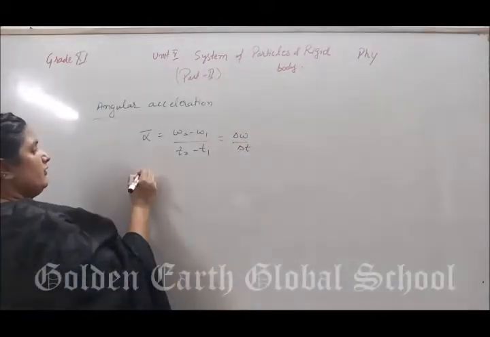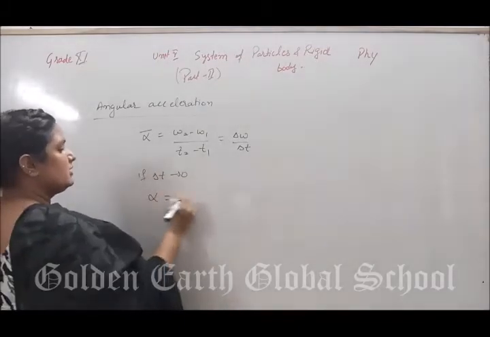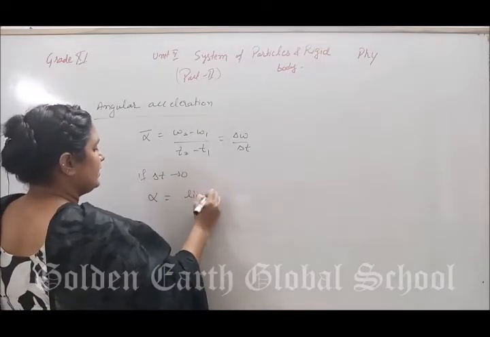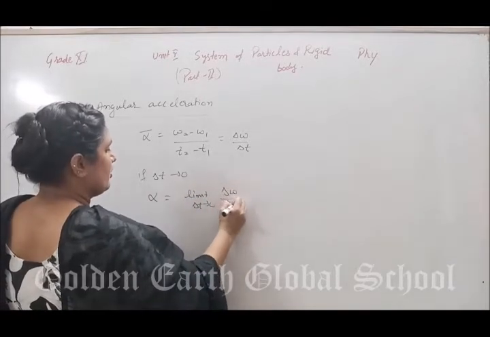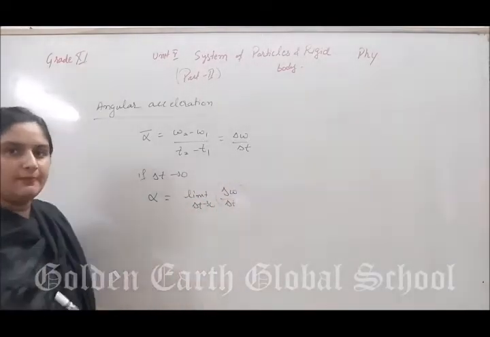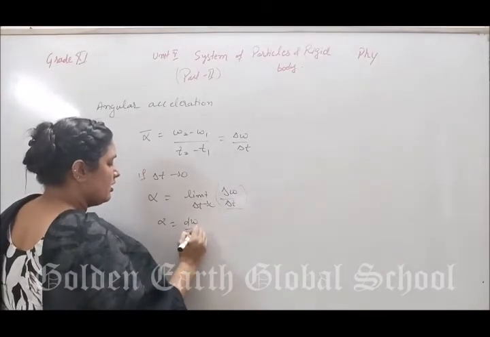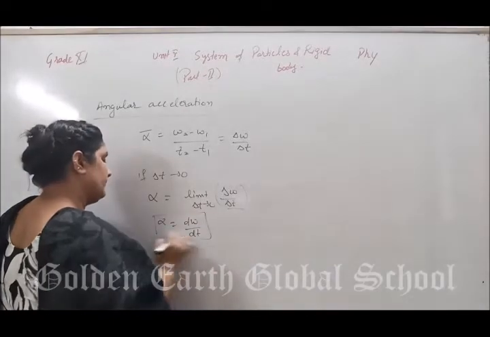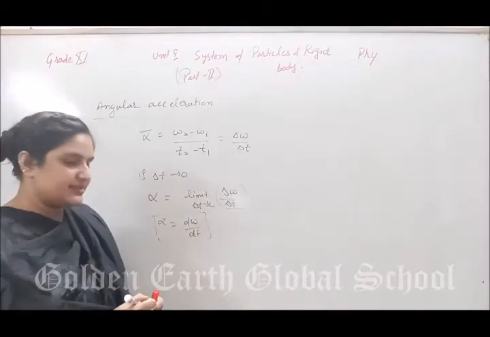Now if delta t approaches 0, then alpha is equal to limit delta t approaches 0 of delta omega upon delta t, and this is equal to d omega upon dt. So it is the instantaneous acceleration.